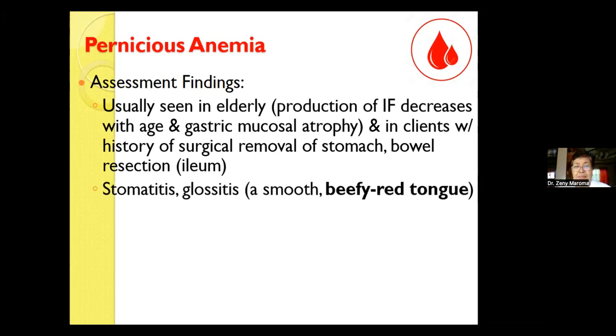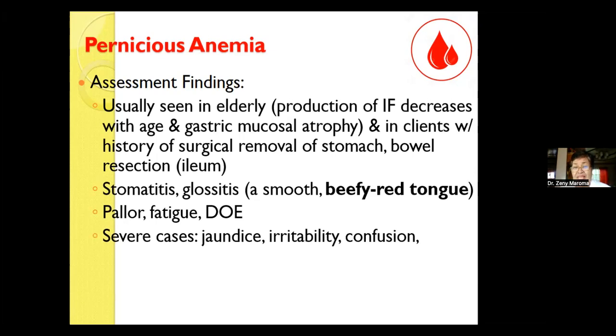Okay. So what are the triads of symptoms? We have GI symptoms. We have stomatitis, glossitis, or a smooth beefy red tongue. Pangalawa are symptoms related to anemia, pallor, weakness, fatigue.